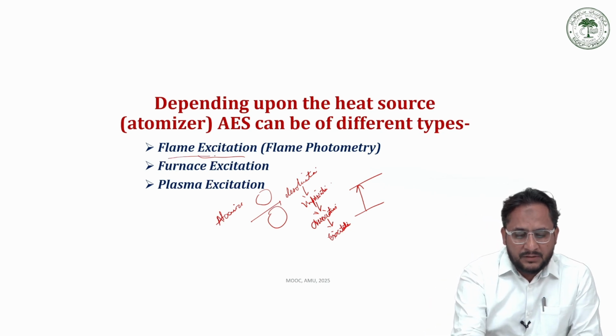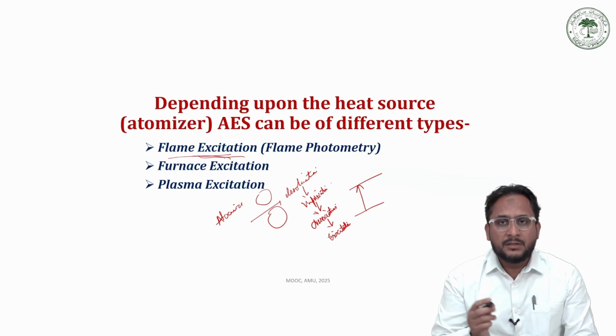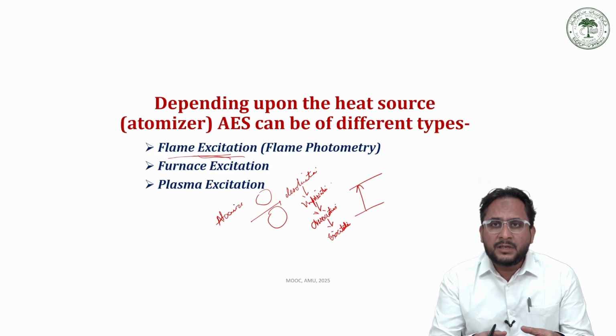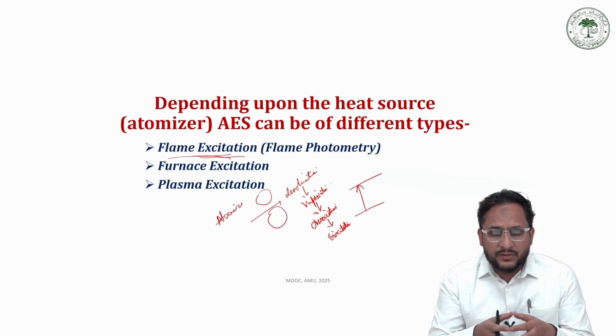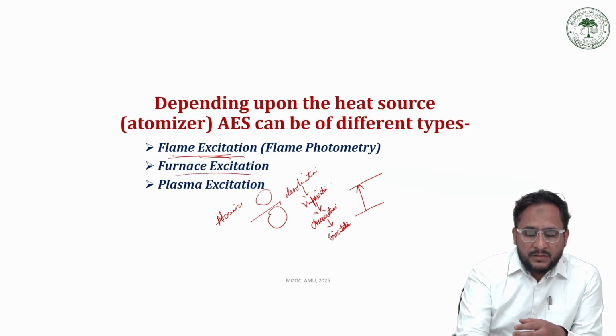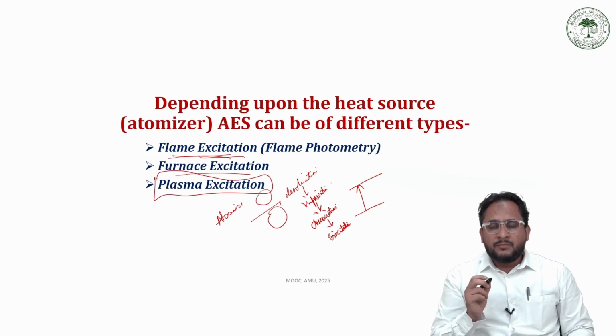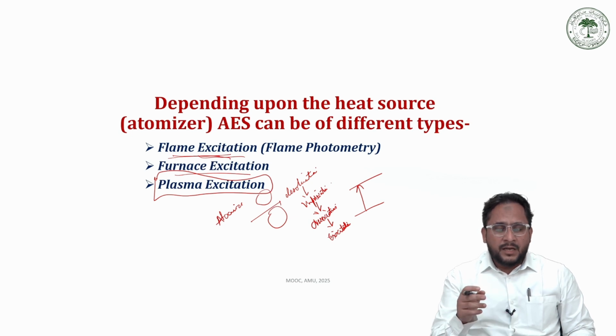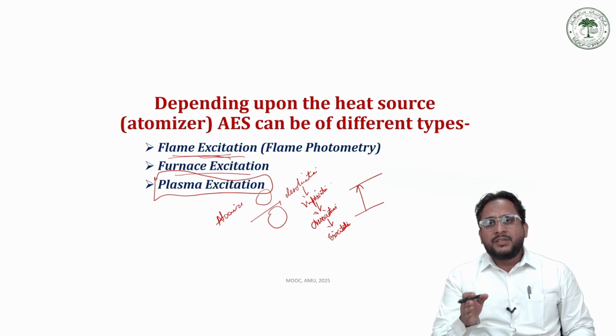There are three types of excitation sources here. The flame excitation source, of course, has a somewhat higher energy in this case, but still we cannot analyze all the metals, especially those which require high temperature, by this technique. So for those metals we either go for furnace excitation, or the best way, plasma excitation, because plasma achieves very high temperature and provides very high thermal energy, which can immediately perform atomization as well as excitation of almost all the metals.